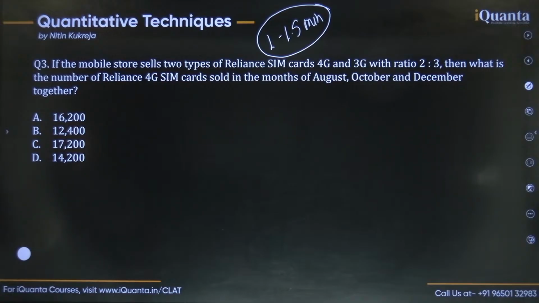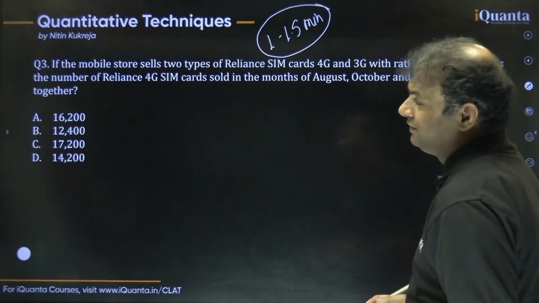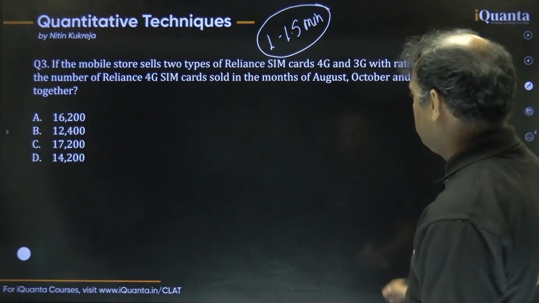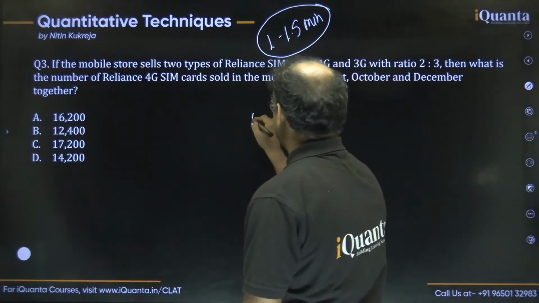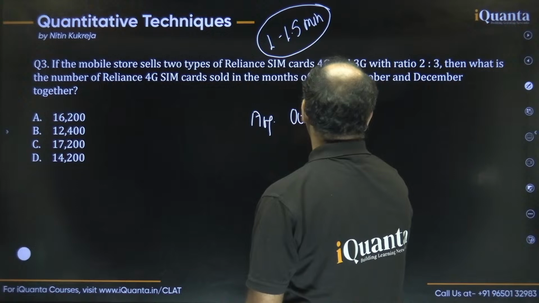Okay, let me help you. I can also write the total number of Reliance SIMs sold in all these 3 months, August, October and December.